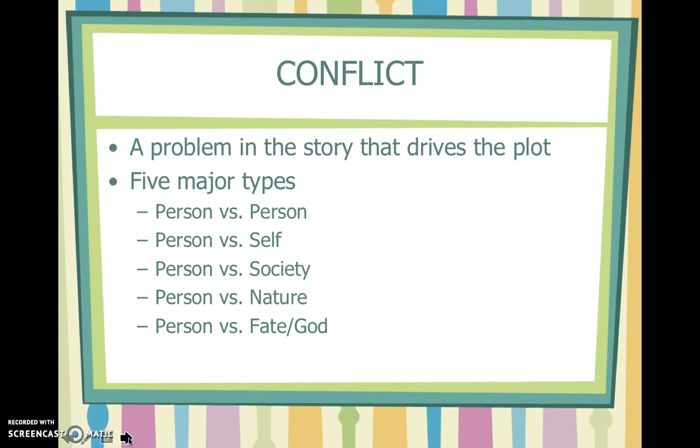And the last type is called person versus fate, or you can also call it person versus God. Whichever you call it, it means exactly the same thing. It is when a person is in conflict with forces completely outside their control.